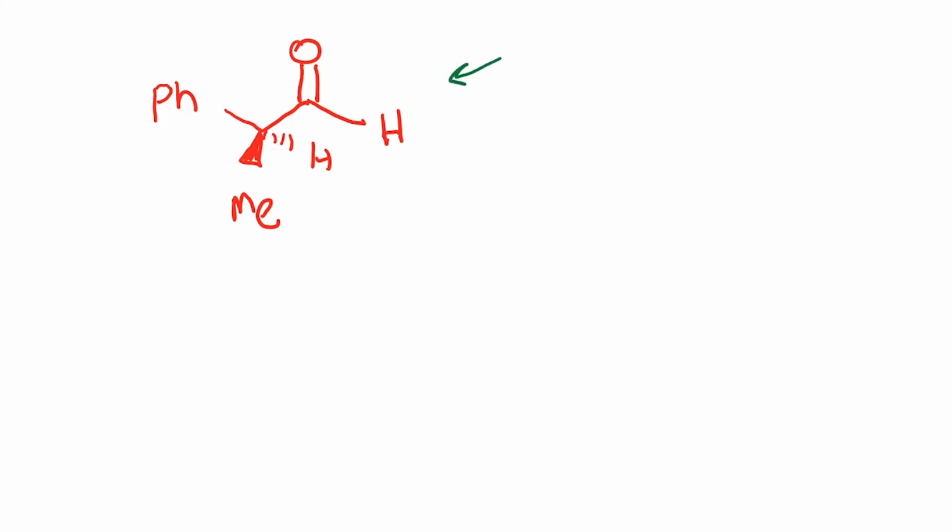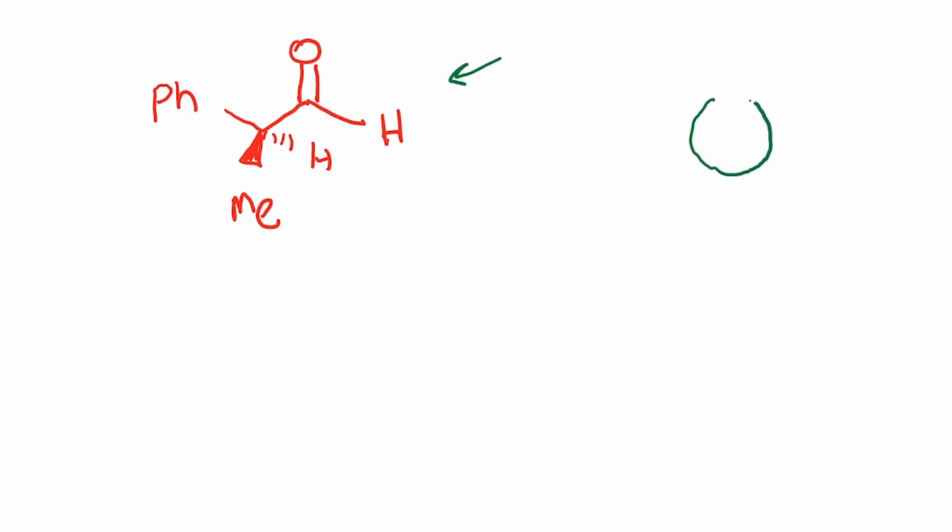So let me draw out this particular molecule, and then we can have a discussion about it. One of the methyl groups is here, hydrogen is here, and it is an aldehyde, C double bond O H. Now I want to draw this looking at it from this direction.